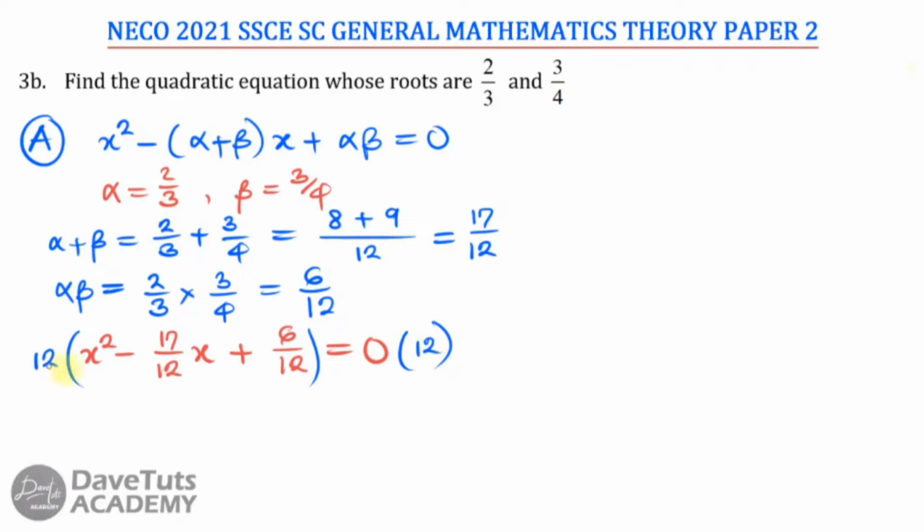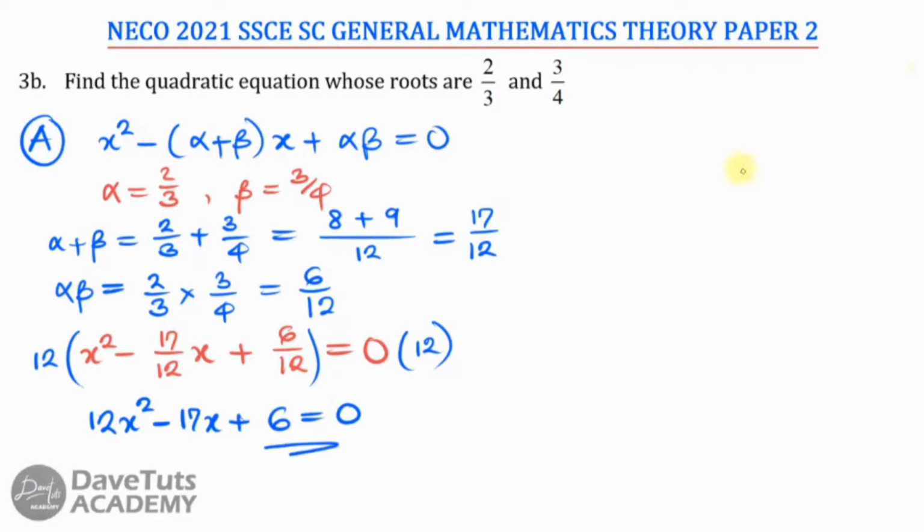So in this case 12 times x squared will be 12x squared. If I'm saying 12 times 17 over 12, the 12 will cut out this 12, so I have minus 17x. Then in the same case, 12 multiplied by 6 over 12, this 12 will cut out, so we have only 6 remaining, so we have plus 6 is equal to 0.